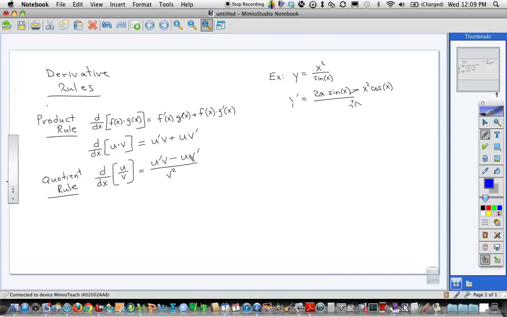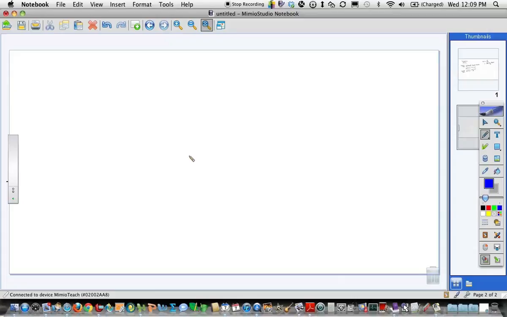Okay? All right. Now, on your homework, on page 166, it talks about doing these derivatives 2 different ways. For example, this is one of your homework problems right here, number 13.